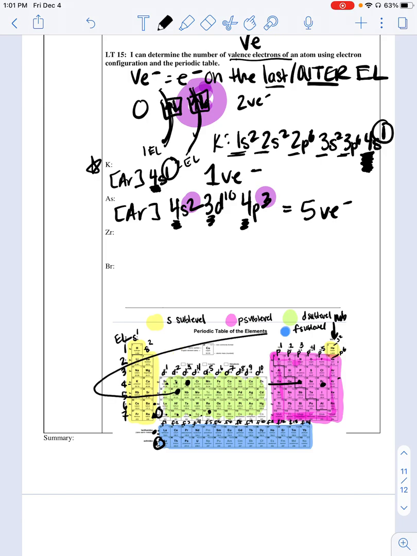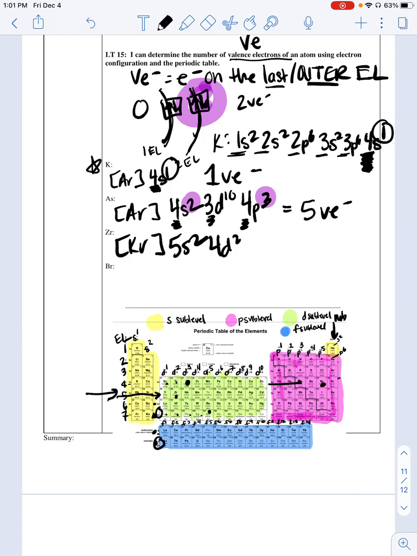My last noble gas is krypton. And then after krypton, it goes 5s2, and then 4d2. That's where I got stuck, because I couldn't find my element. So 5s2, 4d2.